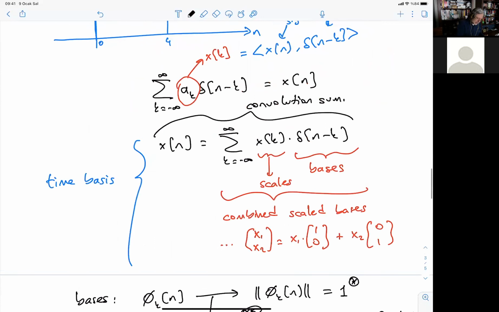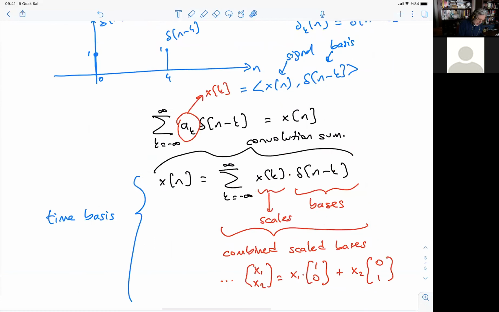We already said that this a_k must be equal to x[k]. Even if you don't know it, you can simply construct the formula: this scale value is equal to the inner product of x and the bases. That's how you do it. You take the inner product of this and this, according to the inner product formula, of course.